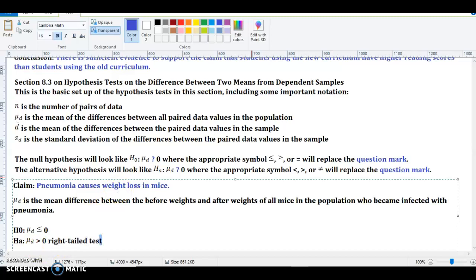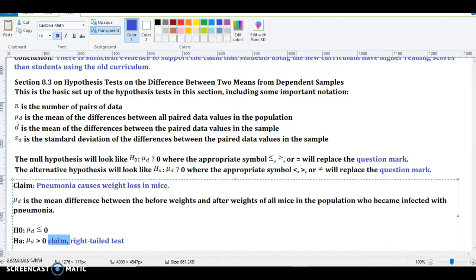Okay, and also, which one of these hypotheses is the claim? Is it the null hypothesis or the alternative? The claim is that pneumonia causes weight loss, which means the mean differences would be positive. So on average, the mice's before weight is greater than their after weight, indicating some weight loss. So the claim would be the alternative hypothesis.